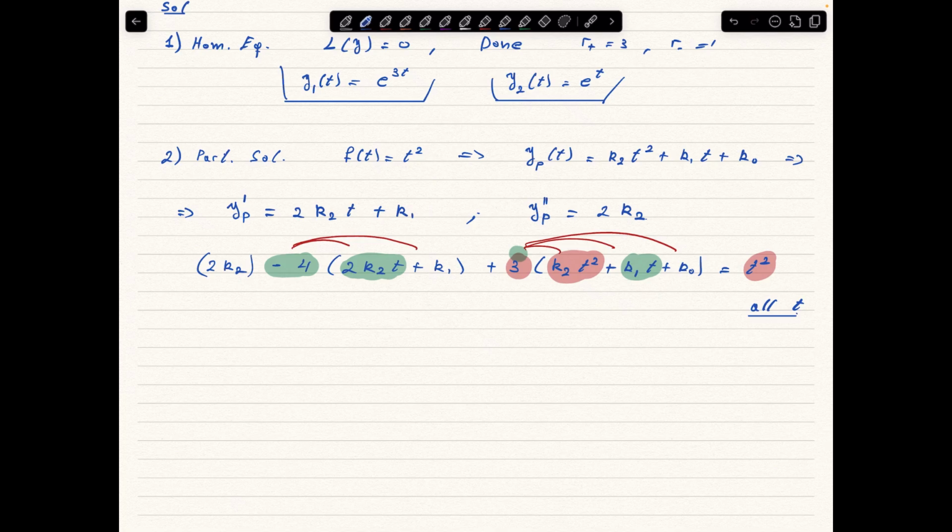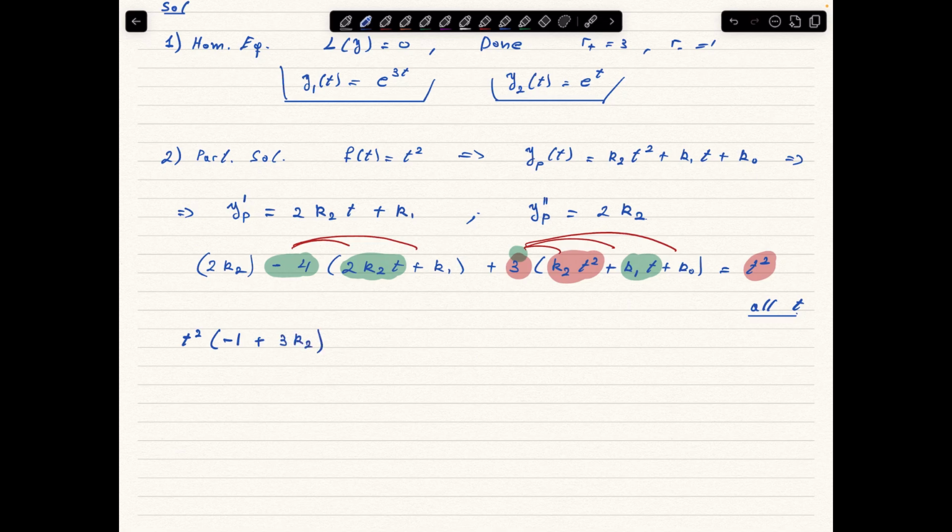Terms with t squared are going to be t squared that multiplies 1, but is 1 over here. But when we move it to the other side, it's negative 1. So negative 1, and then plus 3k2.